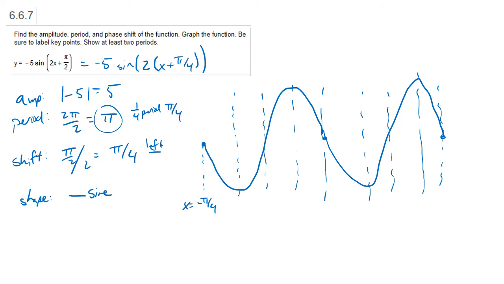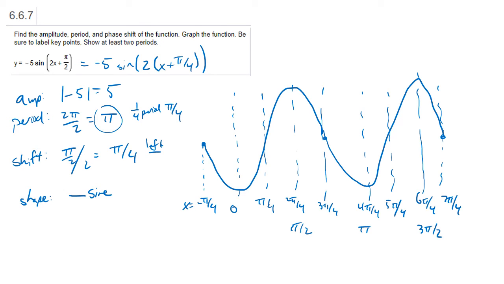So from negative pi over 4, I go to 0, pi over 4, 2 pi over 4, 3 pi over 4, 4 pi over 4, 5 pi over 4, 6 pi over 4, 7 pi over 4. If you really care, you can start simplifying these. This is pi over 2, this is pi, this is 3 pi over 2, whatever.